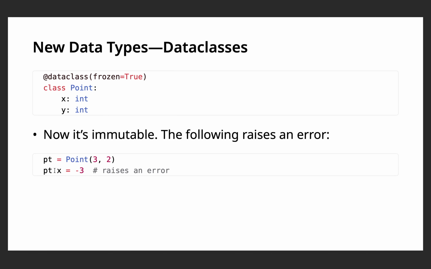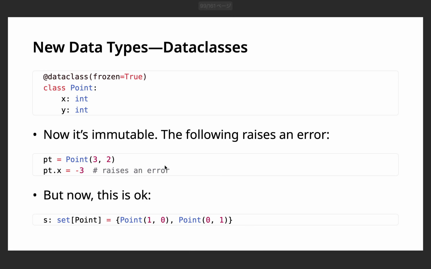So if you try to mutate it like this, it's going to raise an error. Okay, so because this is now a immutable data type, then you can now use it for sets and dictionary keys. So you can write it like this. Okay, so in exchange for the instances being immutable, you can now use them in some of the collections like this.